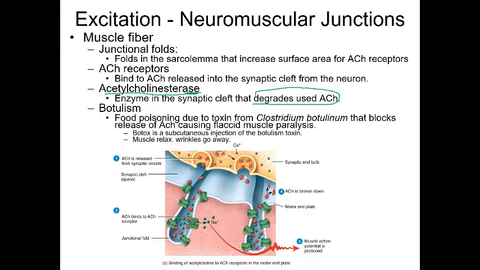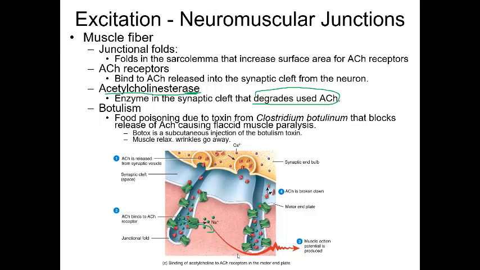So here's a nice zoomed in version of the synaptic cleft. Acetylcholine is going to bind to the sodium ion gates. The green dots are the sodium ions. Now you can see from the synaptic cleft how the sodium ions go through the open gates and into the muscle fibers right here.